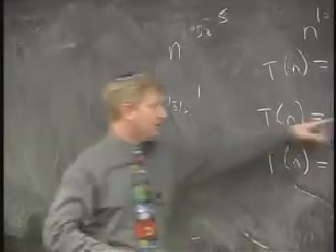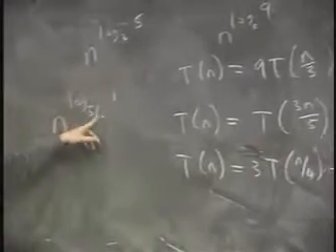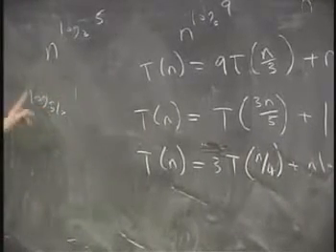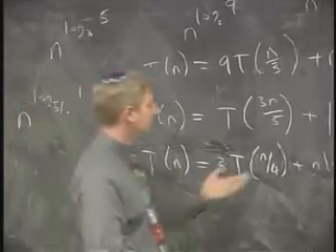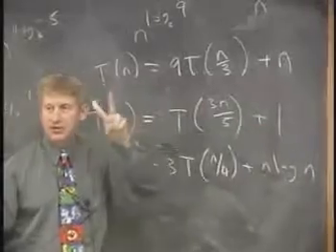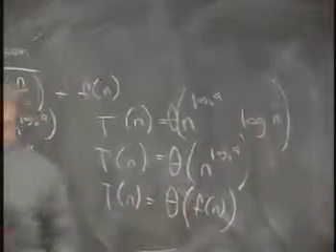So the fact that this is 5/3 is kind of just a red herring. It could be any fraction at all. Log base anything of 1 is 0. n to the 0 is a constant. They're the same. So the complexity of this algorithm is a constant times log n.